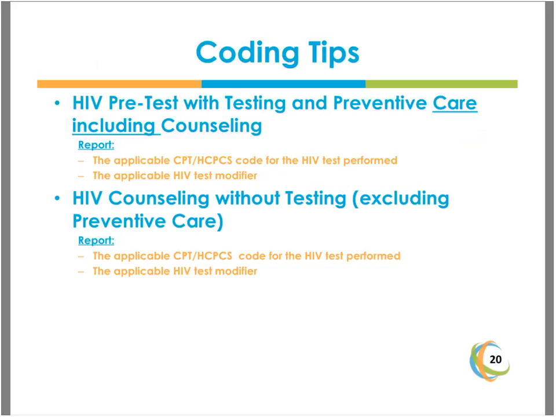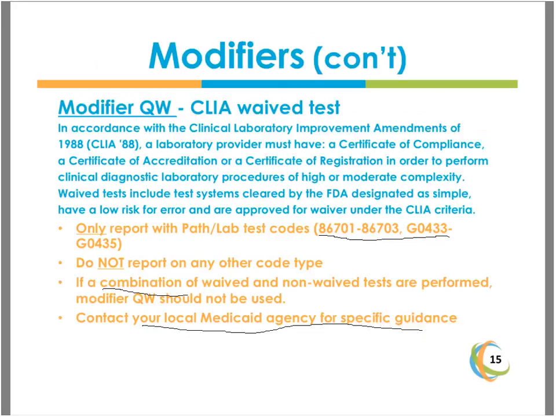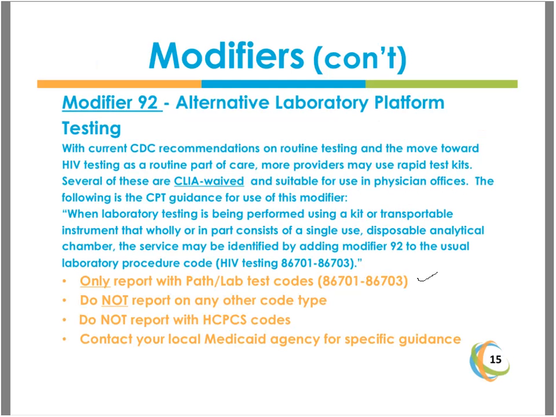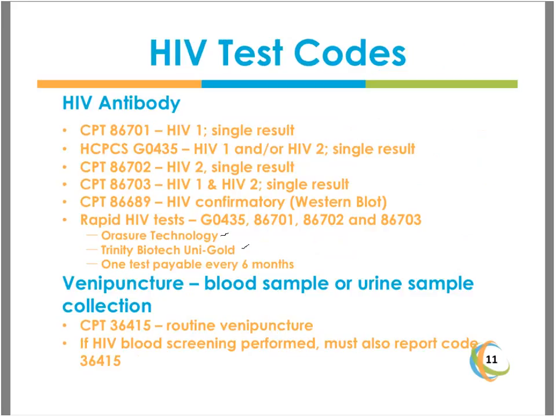HIV pre-test with testing and preventative care, including counseling, where we're only focusing on the HIV test code. So again, let's go back and look at the test codes. It's dependent upon the local Medicaid agency that will determine which test code you're using. So if you're going to be doing an antibody, you would report the antibody codes.